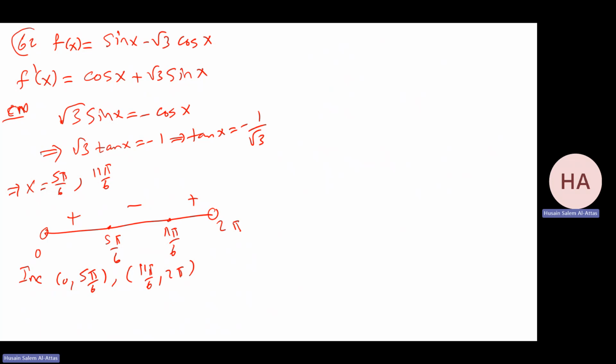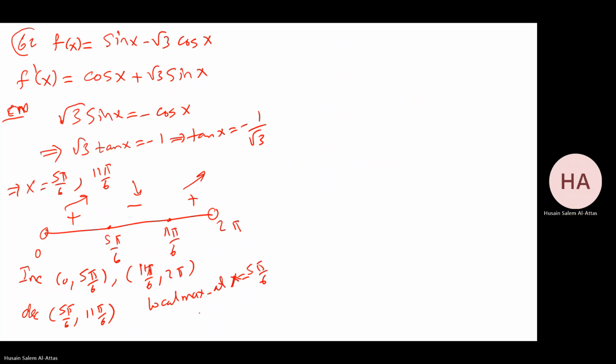Take values. Sometimes you need to change it into degrees to take values easily. Between 5 pi over 6 and 11 pi over 6 it is decreasing, so I have local max at x equal 5 pi over 6, and local min at x equal 11 pi over 6.